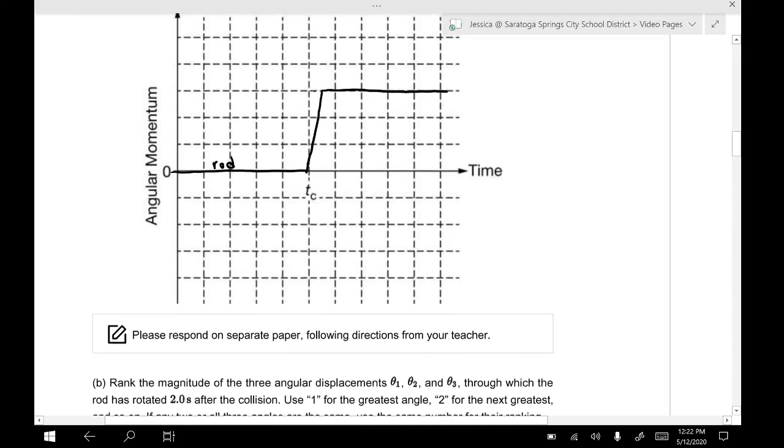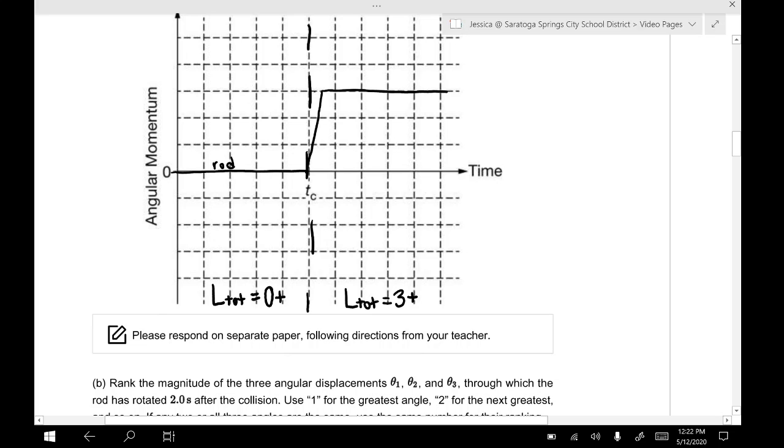Now remember, angular momentum has to be conserved before and after the collision. So whatever our angular momentum total is before the collision, that has to equal the angular momentum total after the collision. So right now our angular momentum of the rod is 0 before, and afterwards is a positive 3.